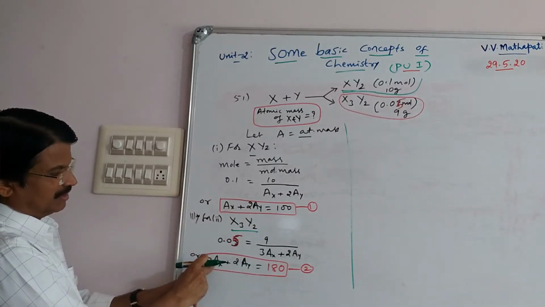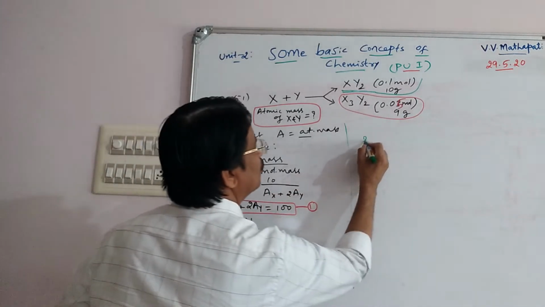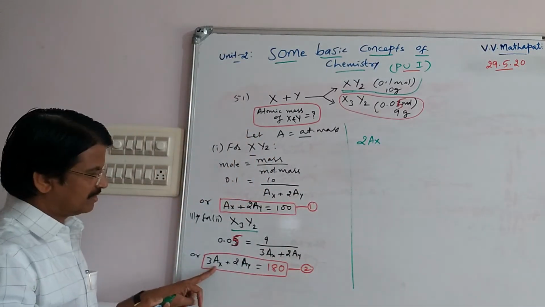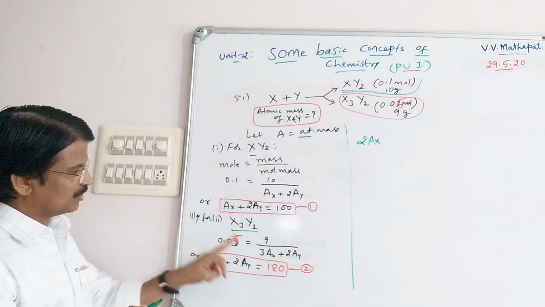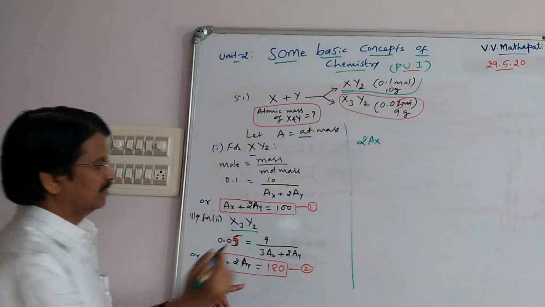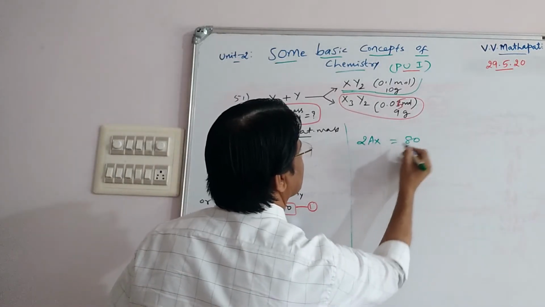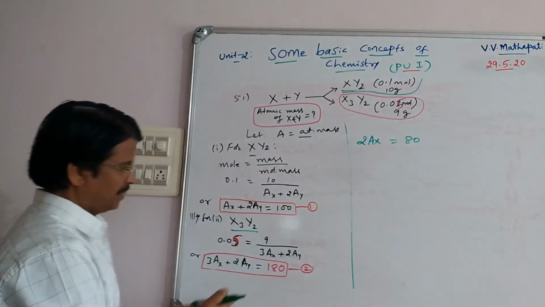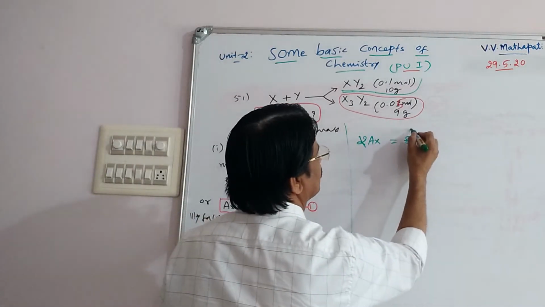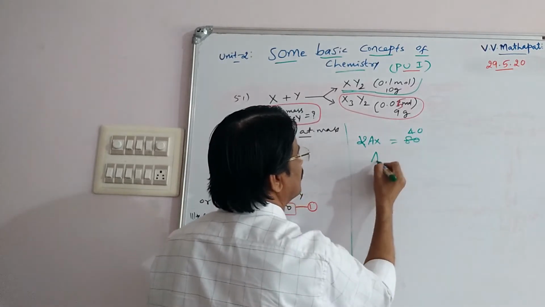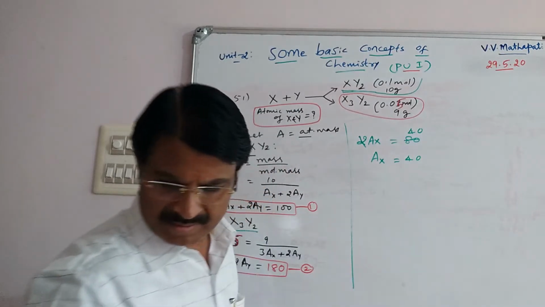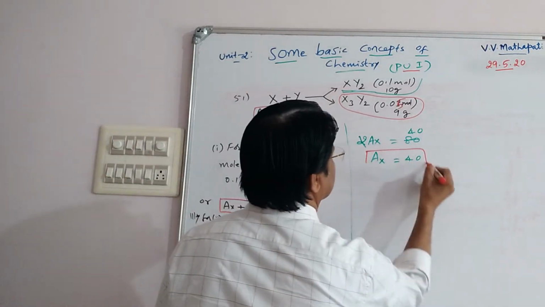Therefore 3Ax minus 1Ax equals 2Ax, which equals 180 minus 100, that is 80. Therefore the atomic mass of X equals 40.